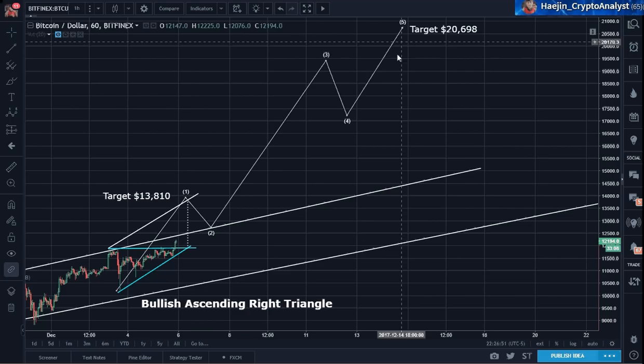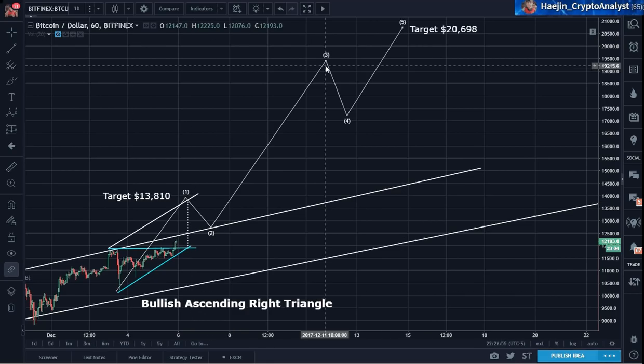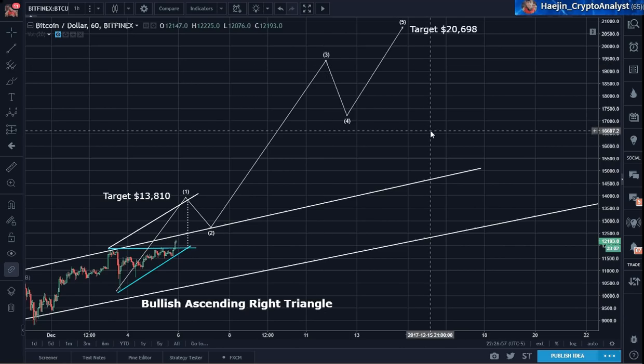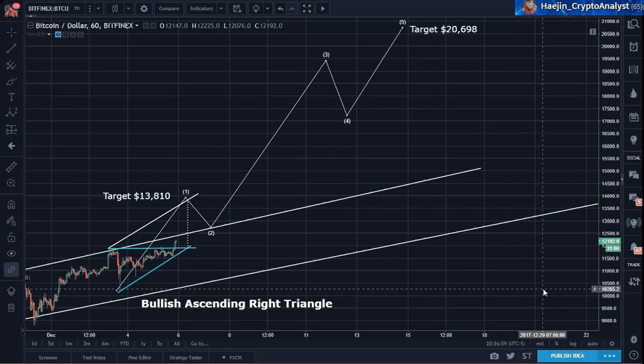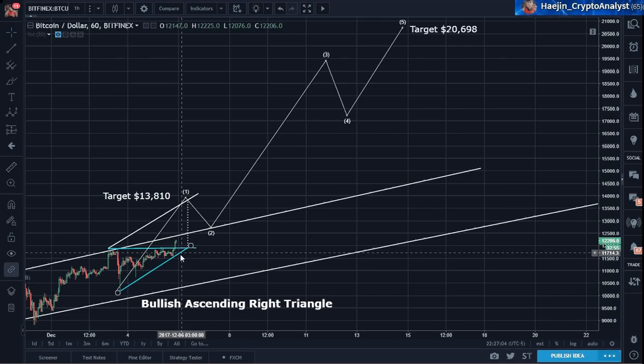1, 2, 3, 4, 5, and fourth wave is around here. My 5 is about equal to my wave 1 because I'm going to extend my wave 3. Now what you have here, because of the very bullishness of this bullish ascending right triangle, which I have made larger now, price is decisively at, and this time it'll breach the upper white trend line resistance and then reach 13,810.